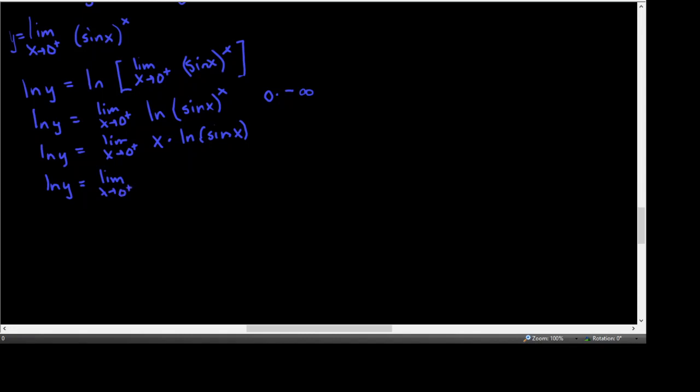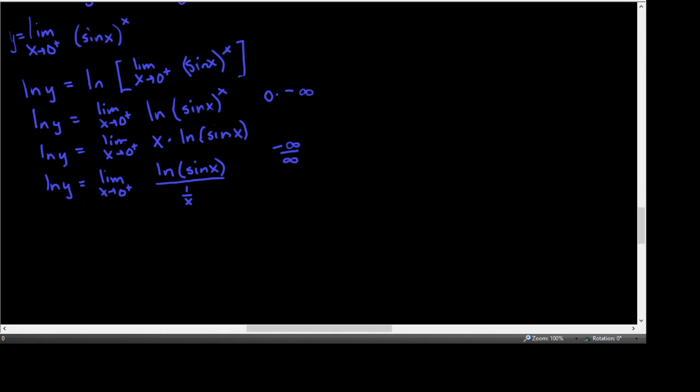So I'm going to rewrite x as 1 over 1 over x, and as x approaches 0 from the right, natural logarithm of sine of x still approaches negative infinity, and 1 over positive close to 0 goes toward infinity.